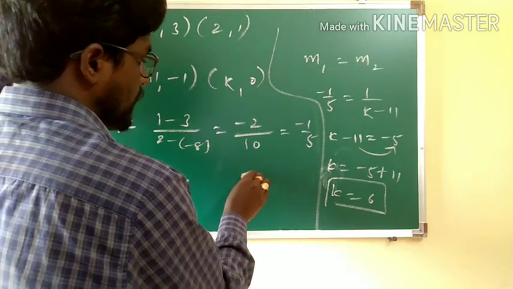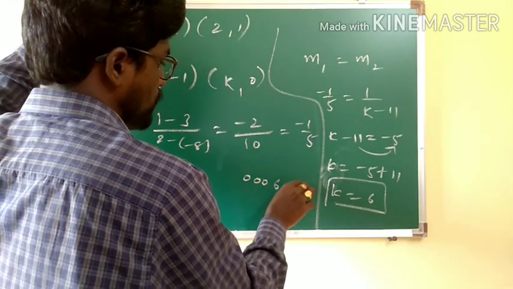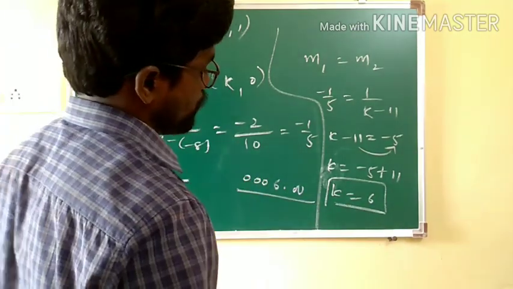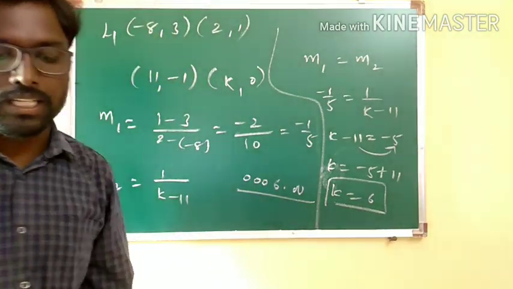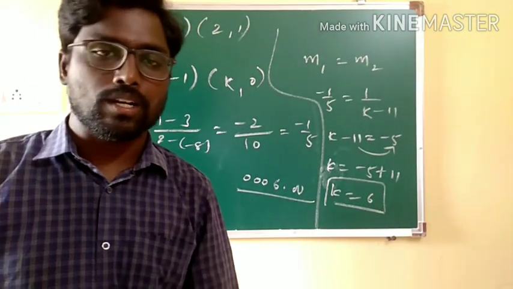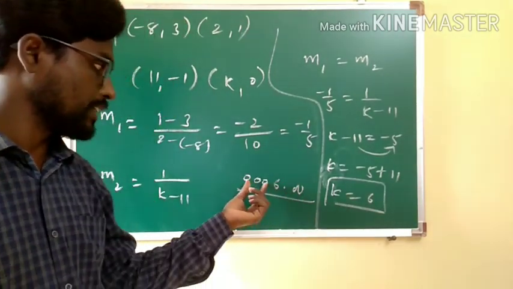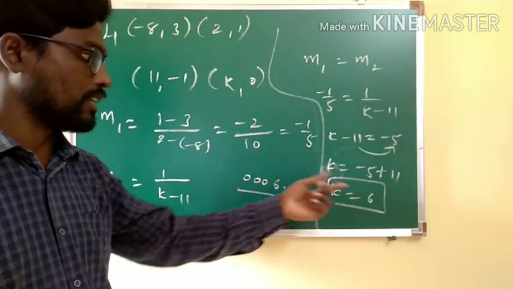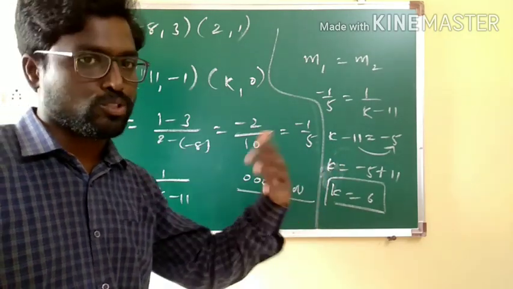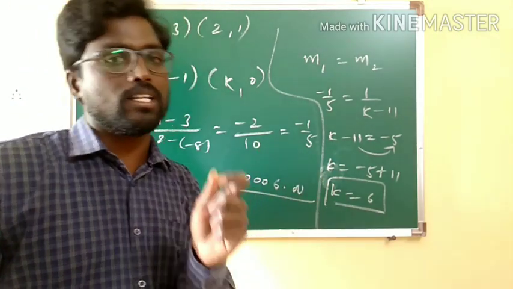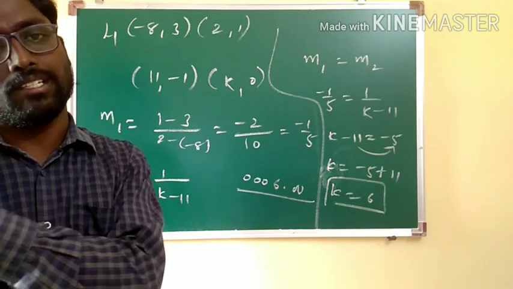As it is an integer type, you will write it as 0006.00. If you are getting a single digit answer, you put the first three digits as 0 and the fourth digit as the outcome, followed by 0.00, because the format of the integer type is 1234.56.